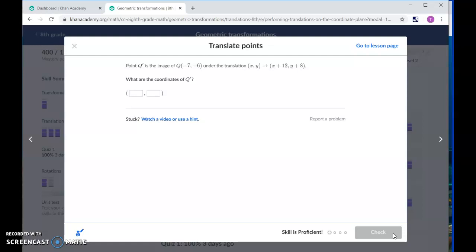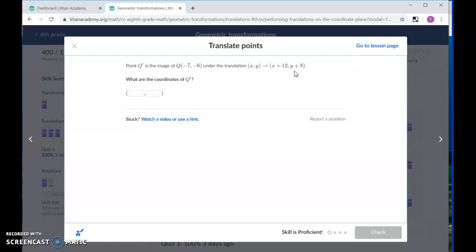Alright, so for this very first one, it says point Q prime is the image of Q, and the point is -7, -6, under the translation xy, where x is equal to x plus 12 and y is equal to y plus 8.